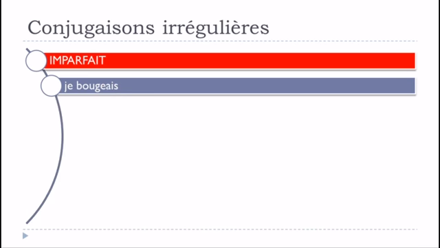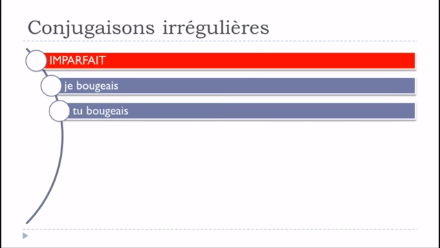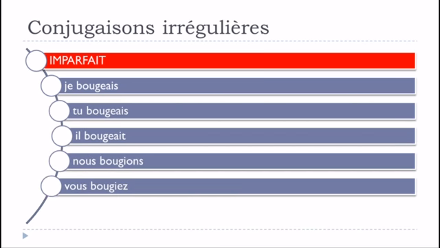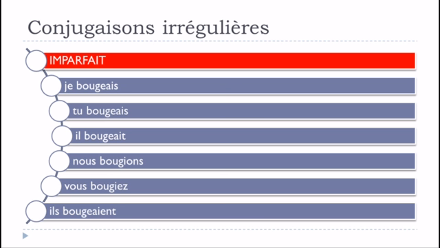And then imparfait, it will go like je bougeais, tu bougeais, il bougeait, nous bougions, vous bougiez, ils bougeaient. If you look carefully, it's quite interesting, because nous and vous are not concerned by that, just because if you remember, when we combine G and I, we get the sound J. So that's the reason why we don't need to add this E here. But it's here, it's here, it's here, and it's also here for the plural.